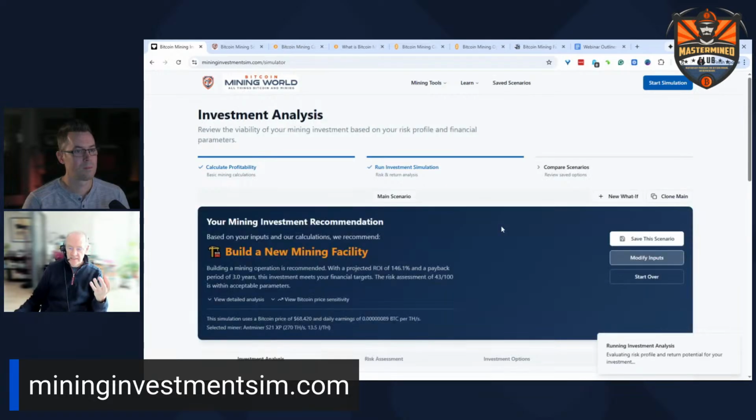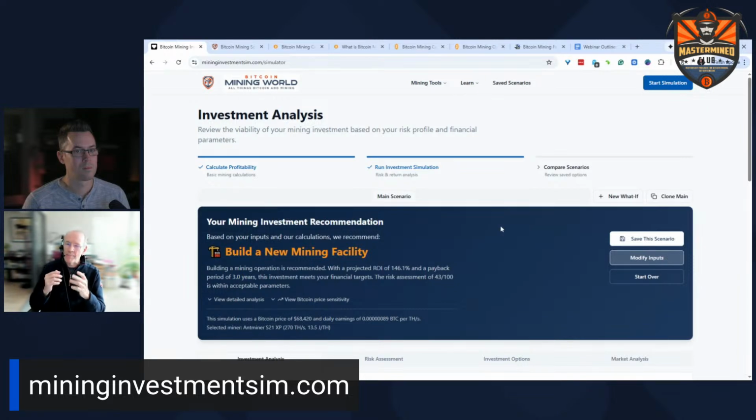What this does is give you a basic, almost back-of-an-envelope type calculation. It's a little bit more sophisticated than that, but it's going to help you understand that if you're really interested in Bitcoin mining, you can use this simulator from Bitcoin Mining World to determine whether or not you should be building a new facility or building a facility at all.